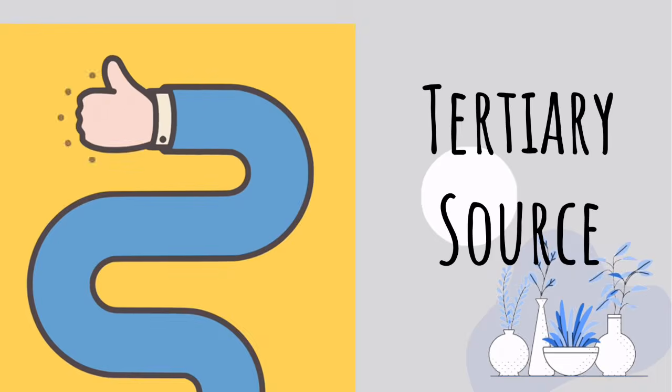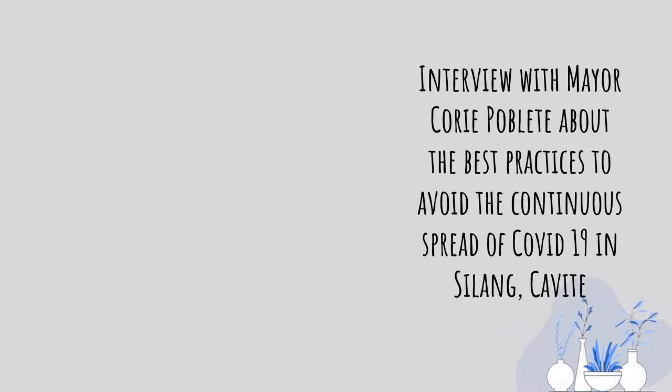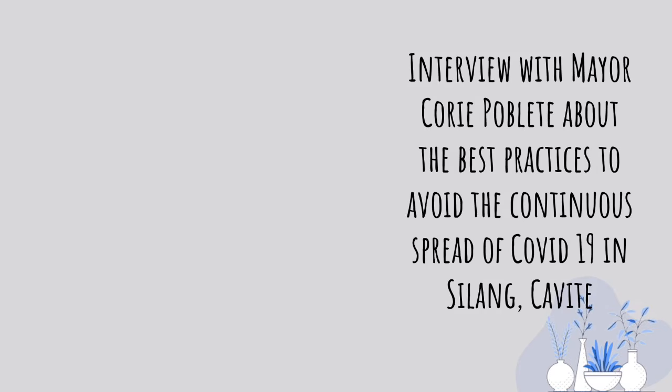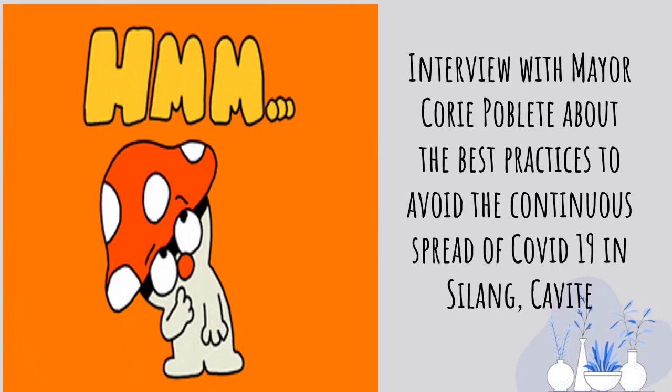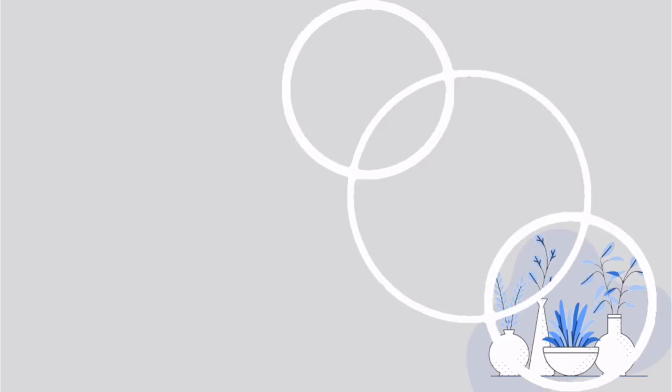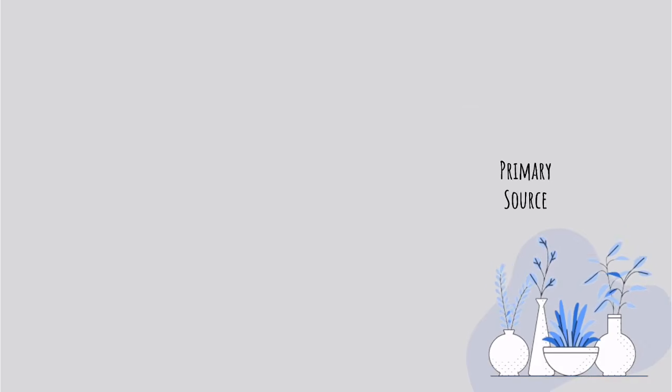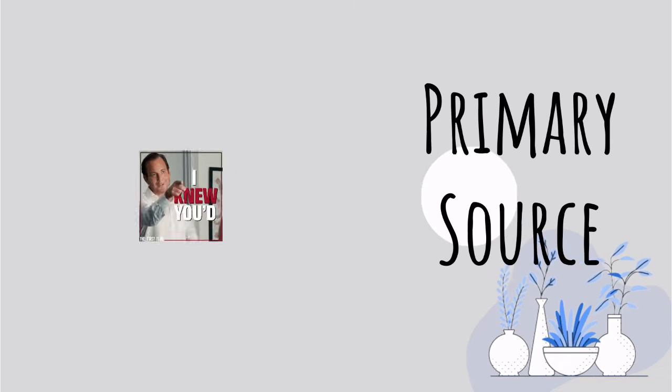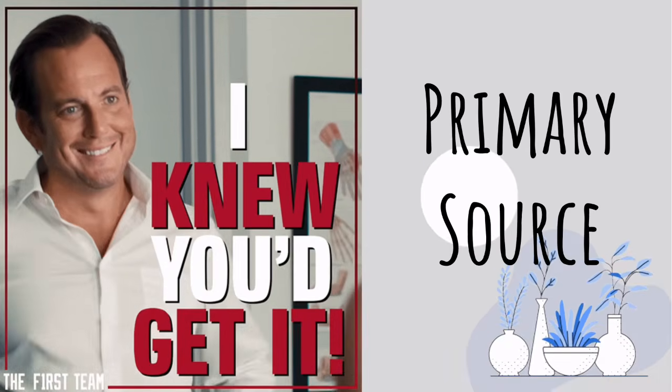And lastly, number 5, interview with Mayor Cory Poblete about the best practices to avoid the continuous spread of COVID-19 in Silang, Cavite. Is your answer primary source? Congratulations! I knew you would get it!